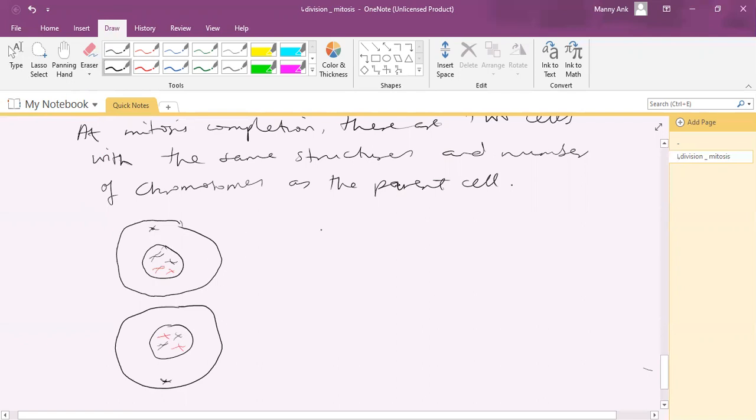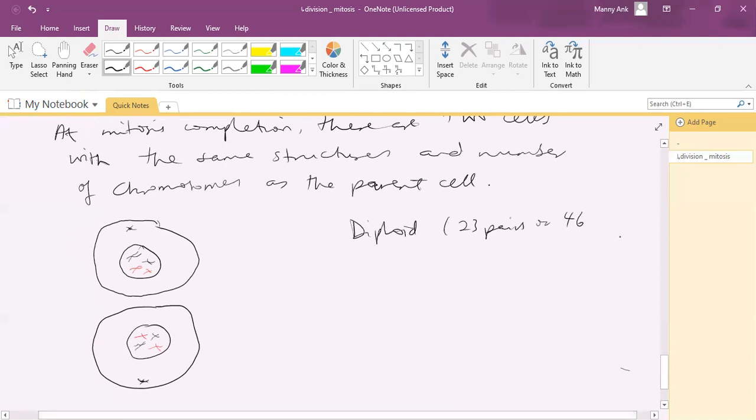So end up the same number of chromosomes. All right. So we start with a diploid number of chromosomes, which in human beings, you have 23 pairs, or 46 chromosomes.